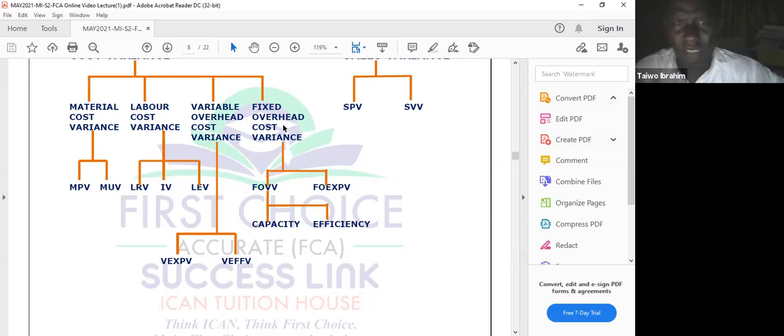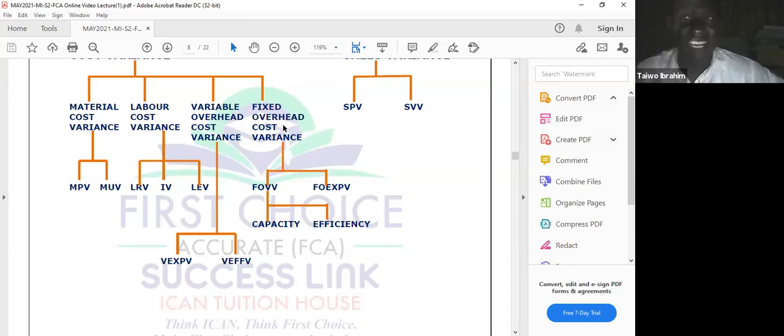Please don't forget, there is a way they determine this rate based on activity level, in the sense that we first estimate or project our output. Say, in this year we are producing 1,000 units. That's your projected output. On the basis of that projected output, we determine the rate of absorption.